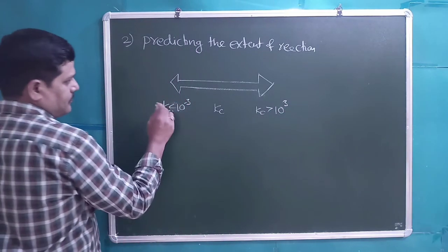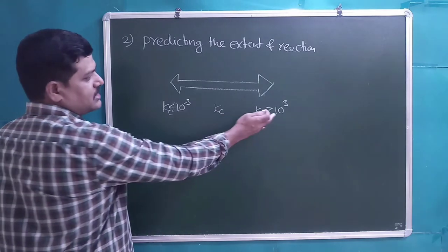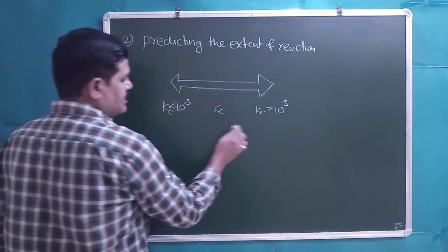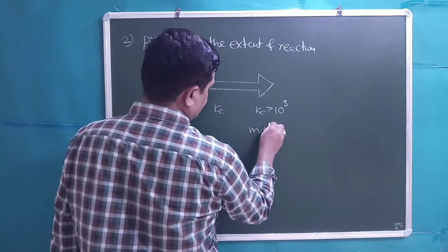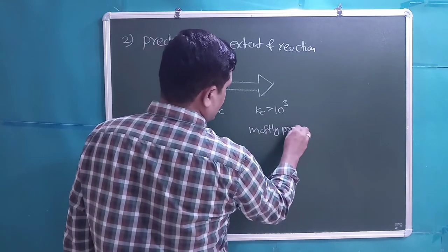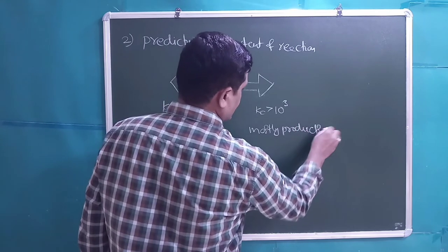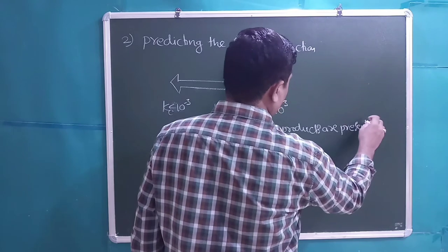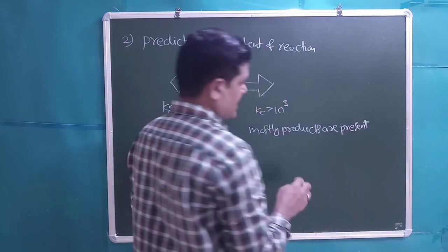If for a given reaction Kc is greater than 10 power 3, a very high value of Kc indicates that mostly products are present. The reaction is almost complete, though it is a reversible reaction.